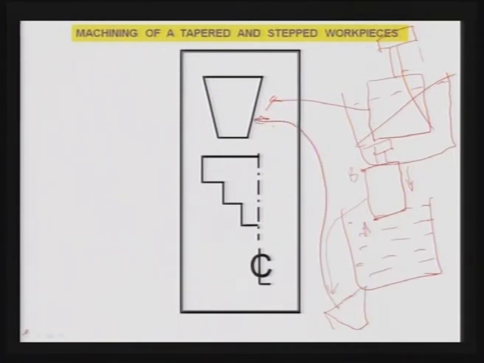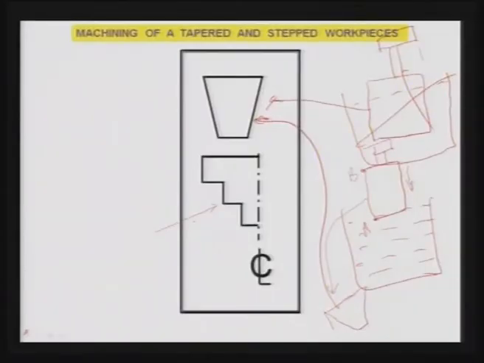That means you have to continuously give the feed to the workpiece so that it moves slowly at the design rate in the bath and material keeps being removed. So, you can get this one.